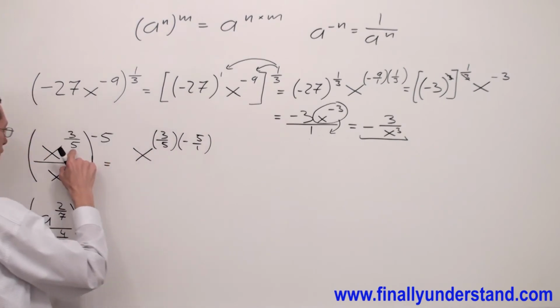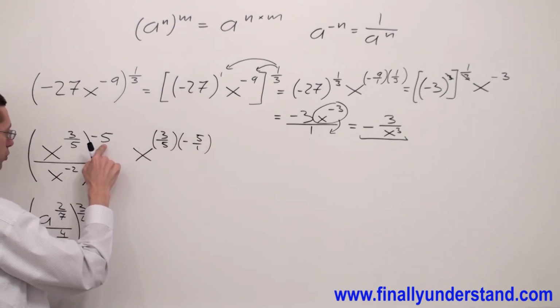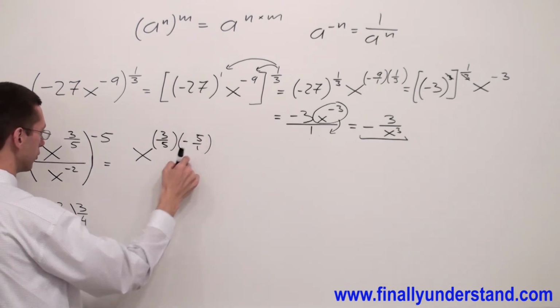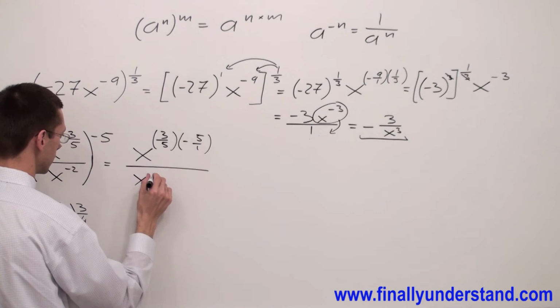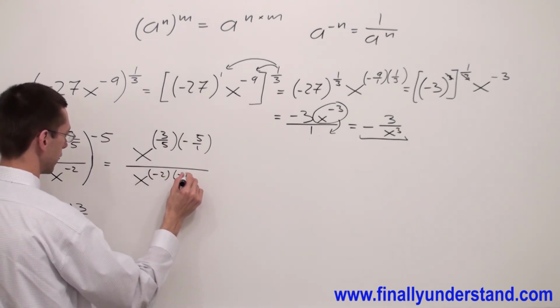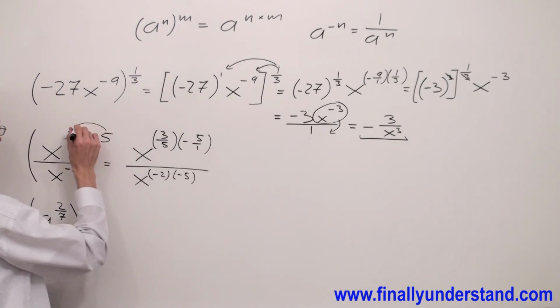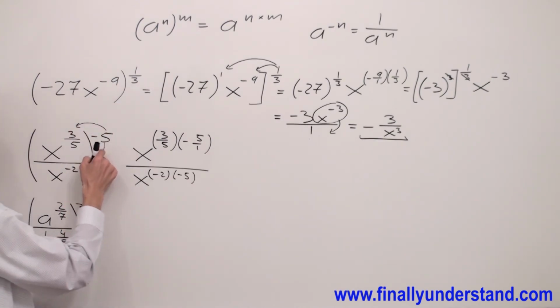Because I'm dealing with a fraction inside the parentheses, I'm going to convert the external exponent to a fraction also by writing 5 over 1, over x to negative 2 times negative 5. Remember, I multiply the internal exponents by the external exponent.